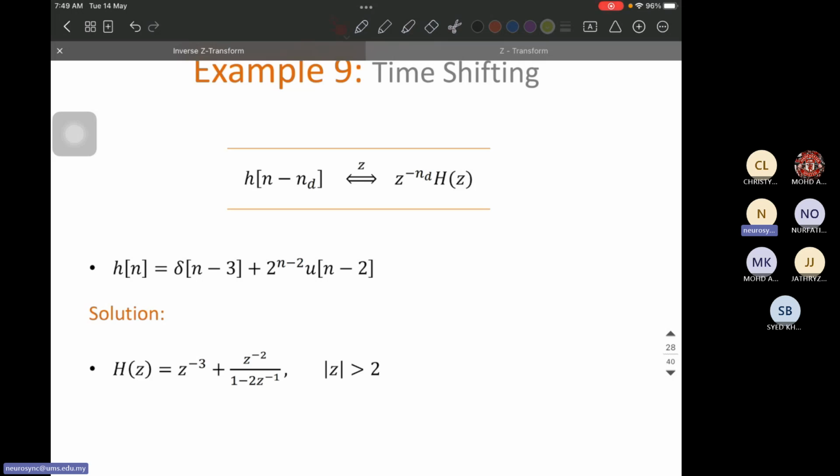Okay, so if this signal is shifted by 2, then the Z transform is, this is a to the power n minus 2 u of n minus 2, then the Z transform is z to the power minus 2 times the H of z, that is the Z transform for this.